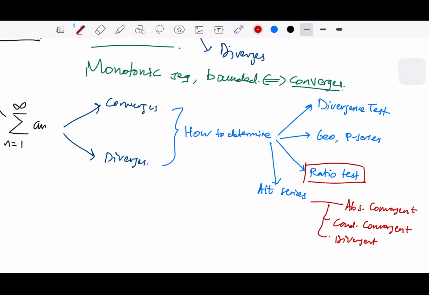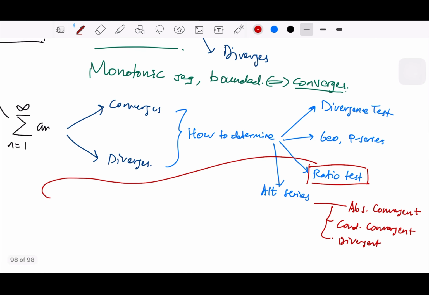And then from the conclusion that it converges, we can rewrite the series in terms of a new variable x, and we call that a power series.